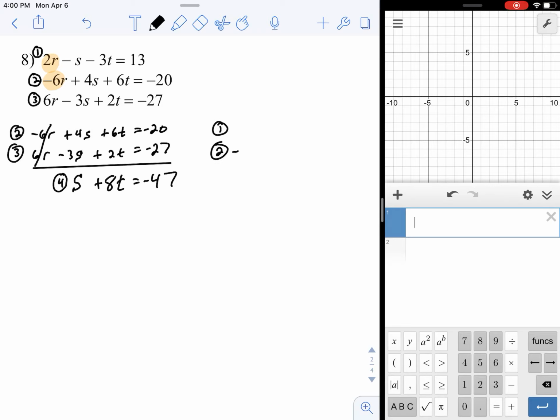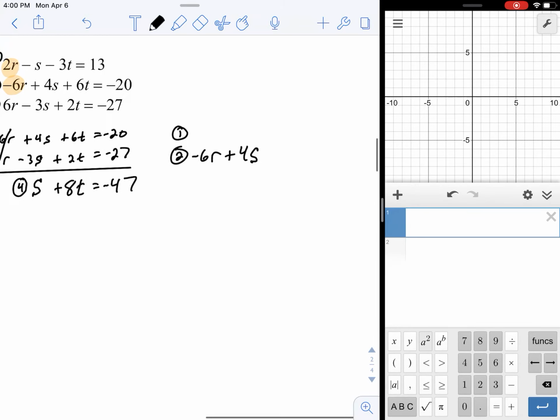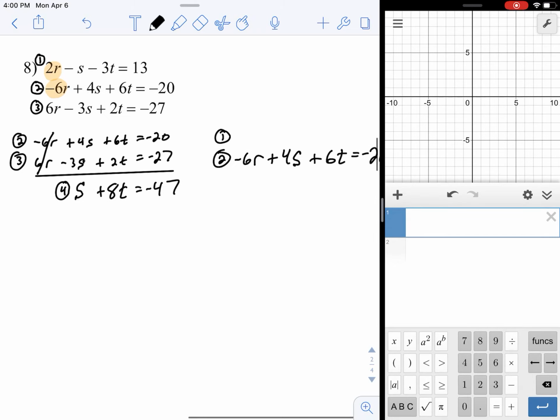I'm not going to change 2 at all, so I'll just copy that down. I'll try to exaggerate my s's. Again, those are not 5s. Okay, equation 1, in order to cancel out with negative 6r, I need this 2 to turn into a 6. Well, how can you turn a 2 into a 6? You multiply it by 3. So as a little side note, I'm just going to write times 3.